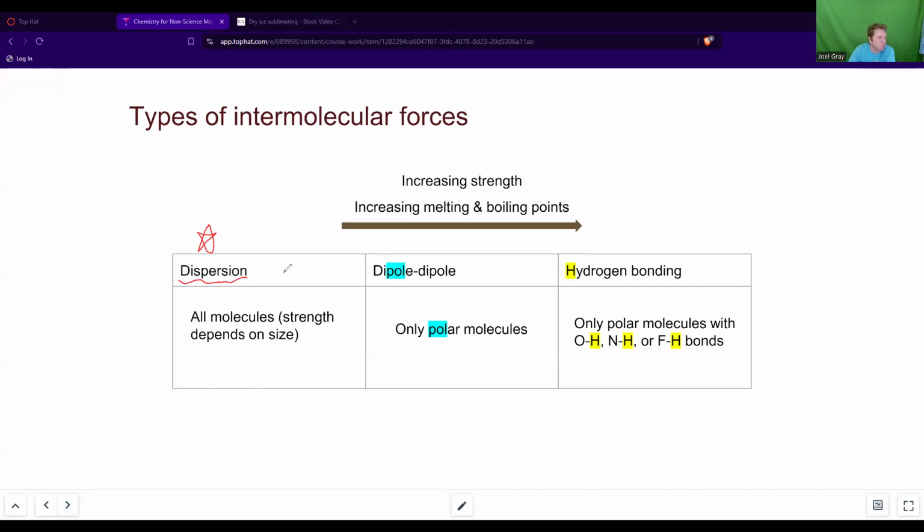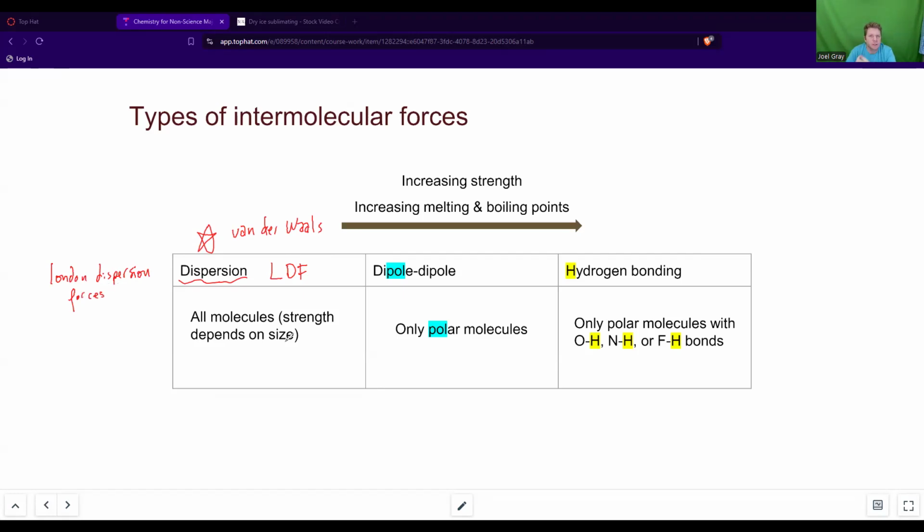Sometimes you might hear these referred to as London dispersion forces, or LDF, or last but not least, van der Waals forces. So LDF is London dispersion forces.